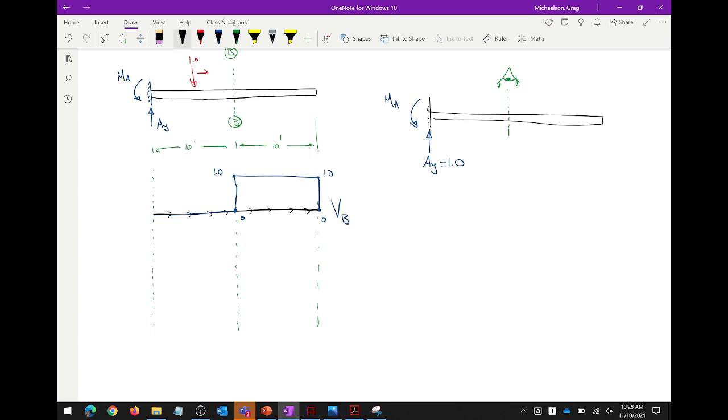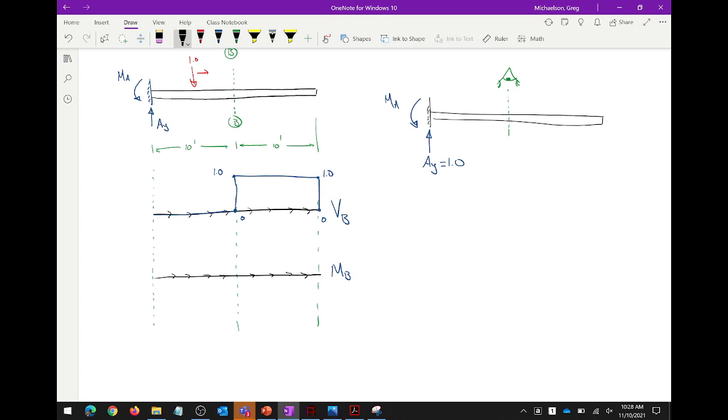If that's the case, somebody tell me what you think this is going to look like. 0 to be angled over. So yeah, 0, 0, and then it goes down like that.